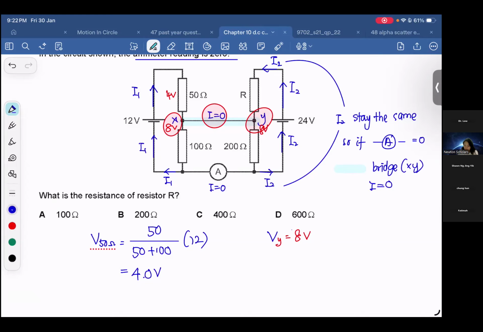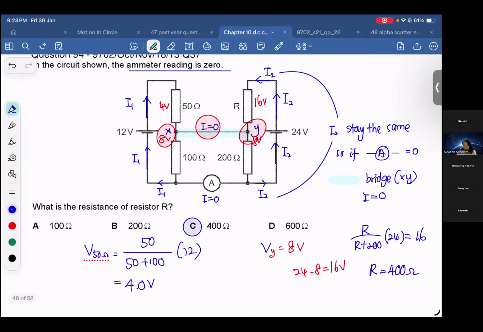So how do you get 8 volt? Your 24 volt, now you have 8 volt left over. So your R at here will receive 24 minus 8, which is 16 volt. You can use your mathematics: R divided by R plus 200 times 24 equals 16. So at the end, R is 400 ohm.